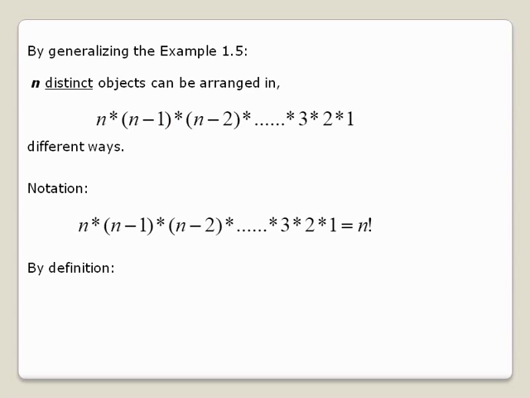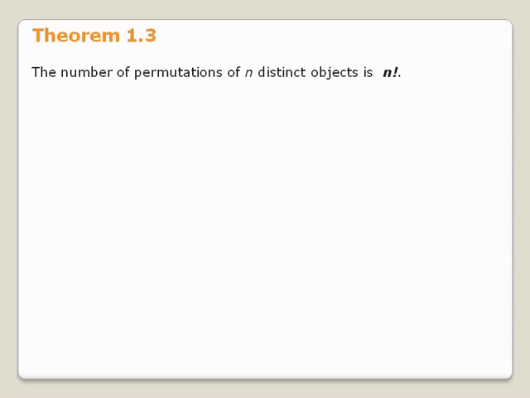If you multiply a certain value n by reducing it one at a time all the way up to number 1, we define it as the factorial n. By definition, the factorial of 0 is 1. Here's the third theorem. The number of permutations of n distinct objects is n factorial.